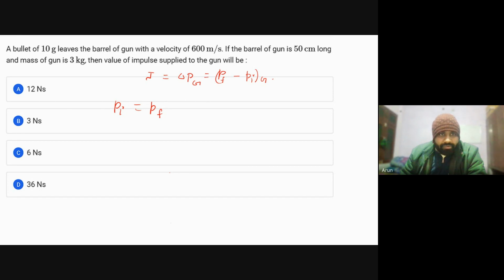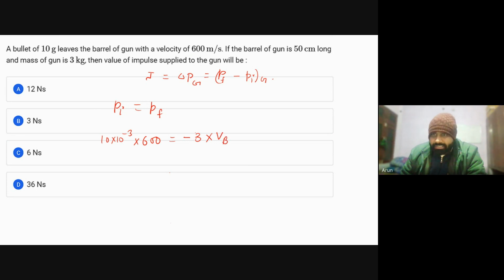Initially, it is moving with a velocity of 600 meter per second. So we can say that mass of the bullet 10 into 10 raised to the power minus 3 multiplied by velocity 600 meter per second equals minus mass of the gun, 3 kg, multiplied by the velocity of the gun.